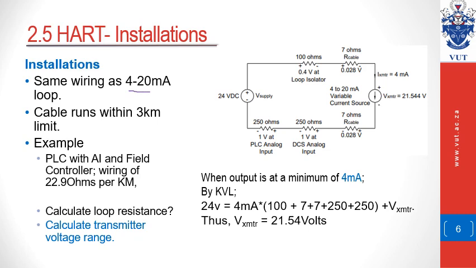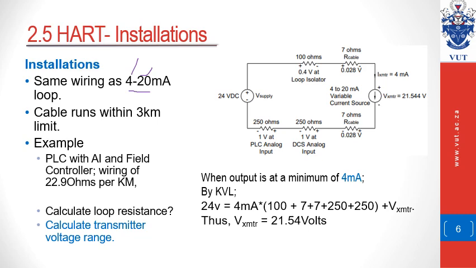If we can calculate the voltage experienced by the transmitter when the current is at a minimum of 4 milliamps, and the voltage when the current is at a maximum of 20 milliamps, then we would know what the voltage range is. Under normal operation, the current can only be between these two values.